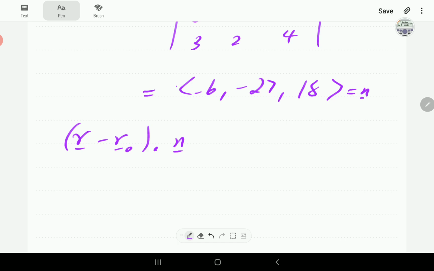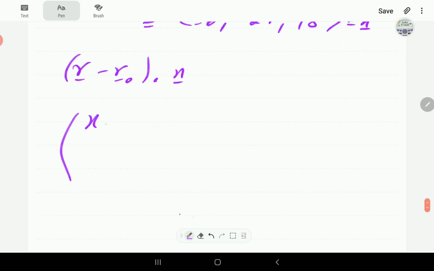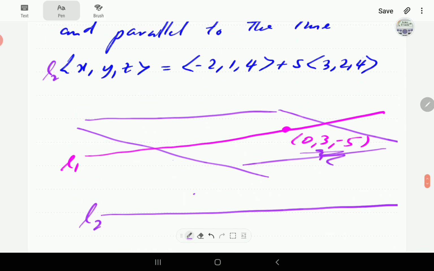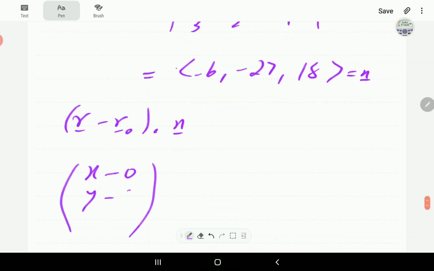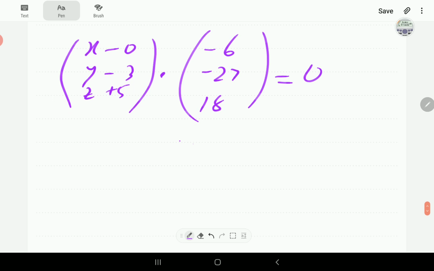So this is our n. So the scalar form is going to be x minus 0, remember, for our x0, y0, z0. x0 is 0, y0 is 3, and z0 is -5, so z plus 5. Then we've got -6, -27, 18 here.